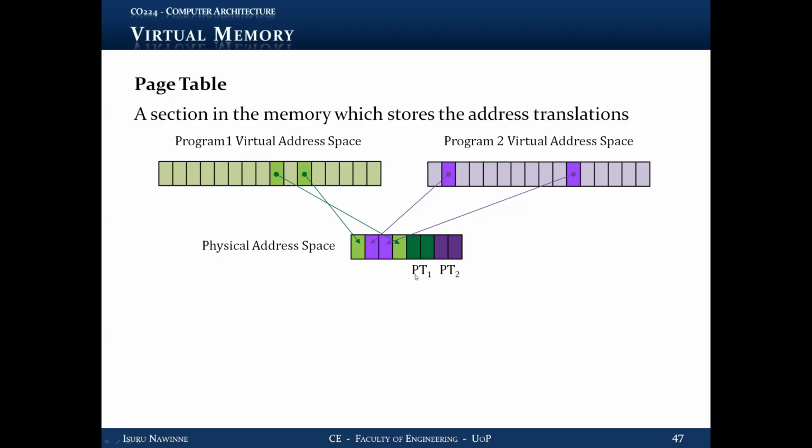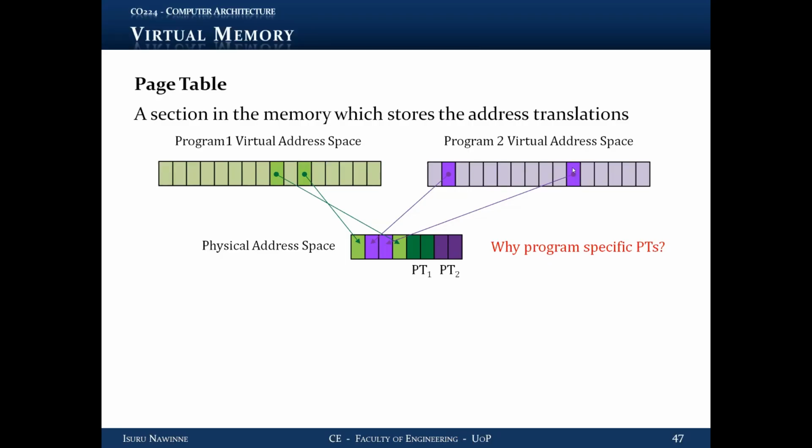Note that we have different page tables for different programs. Why do we need different page tables for different programs? Because the mappings for individual addresses can be different for different programs. For example, if you take program 1, this is page 0, 1, 2, 3, 4, 5, right? This is page number 5. Page number 5 from program 1's virtual address space is mapped to this frame in the physical memory.